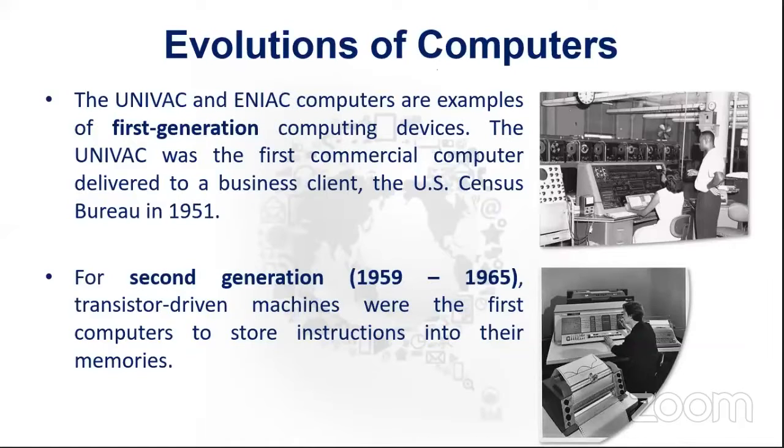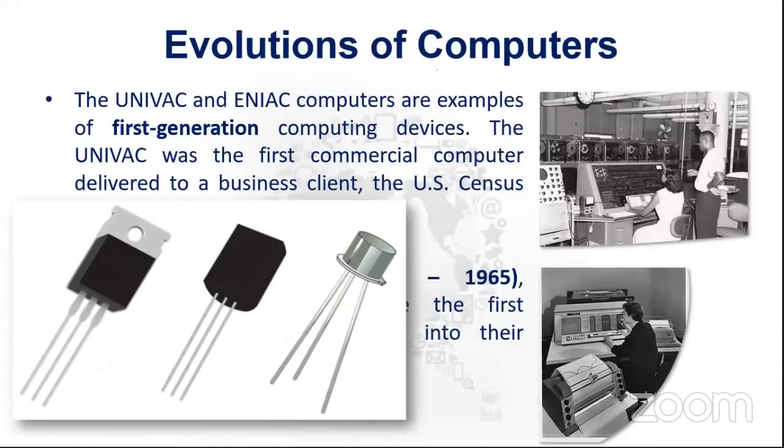In 1959 to 1965, we have the second generation transistor-driven machines. They were the first computers to store instructions in their memory. In this generation, transistors were used. Transistors were cheaper, consumed less power, were more compact in size, more reliable, and faster than the first generation machines that were made of vacuum tubes.